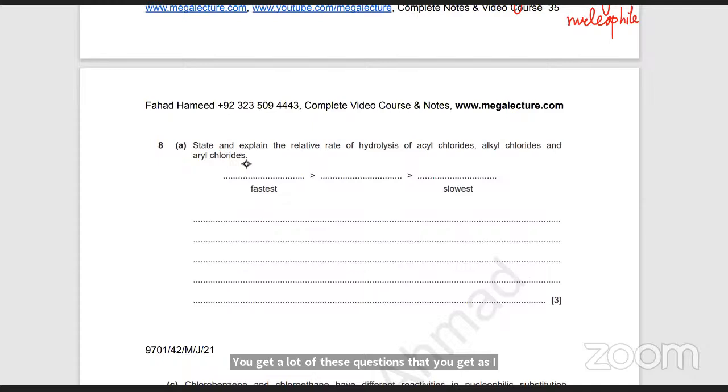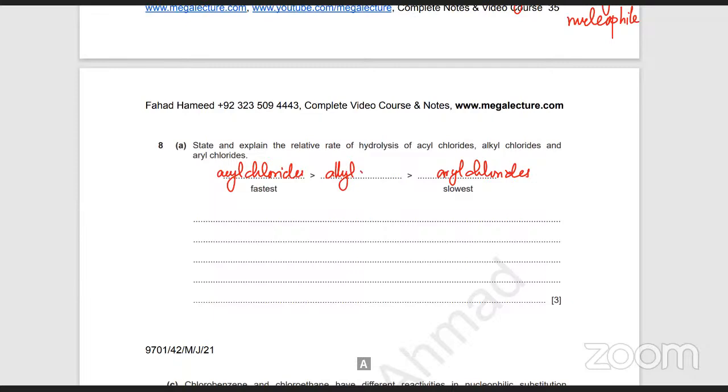So fastest will be aryl, the one with benzene. Slowest will be your fastest, aryl no. Acyl is the fastest. Acyl chlorides will be the fastest. Aryl, the one with benzene, that will be the slowest. The middle way is going to be alkyl, the ones with carbon chains.